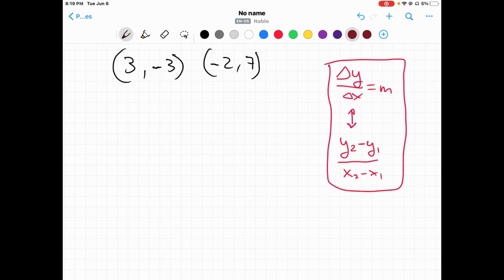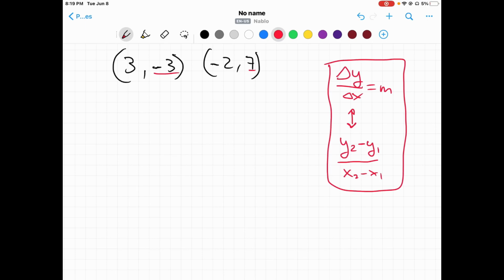So here we have another example. In this case, we're told that the coordinate pairs (3, -3) and (-2, 7) are a part of a linear graph, and we're asked to find the slope. So once again, change in y over change in x. So 7 would be y2, negative 3 would be y1.